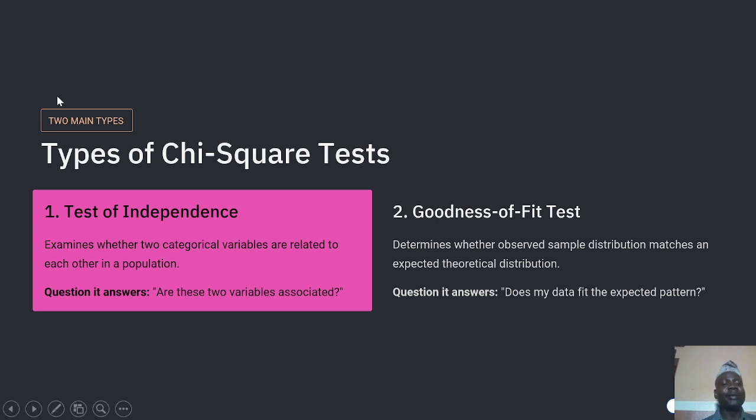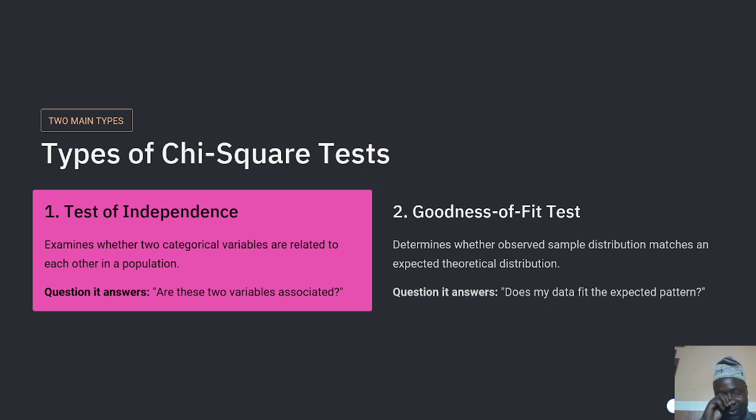And there are two types of chi-square analysis. The first is the test of independence. That means we want to check whether a particular variable is associated with another one. For instance, we want to check whether the religion of the parents affects the type of school they select.